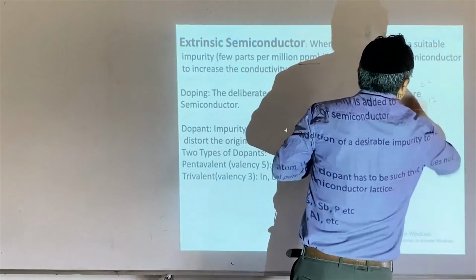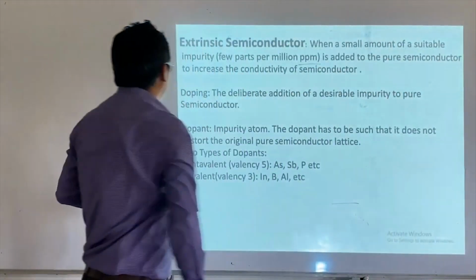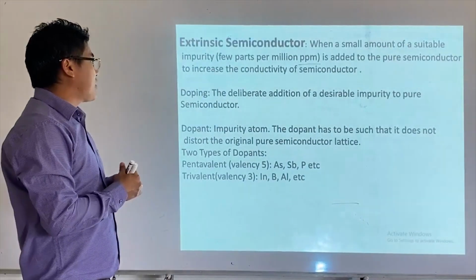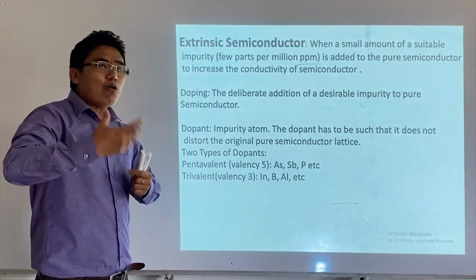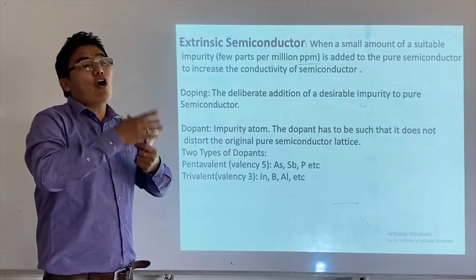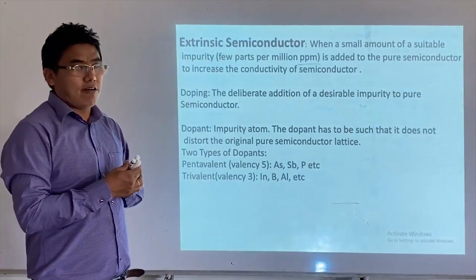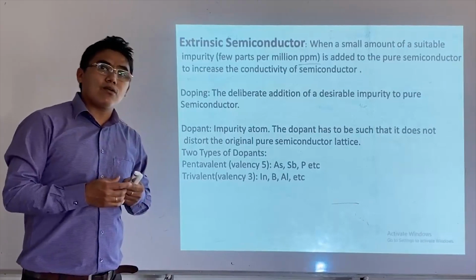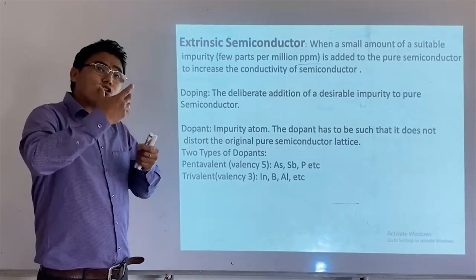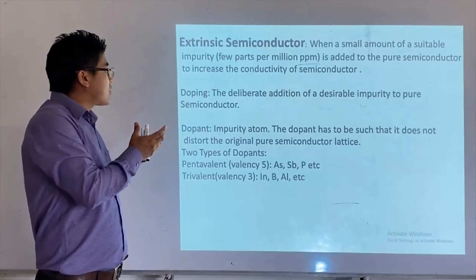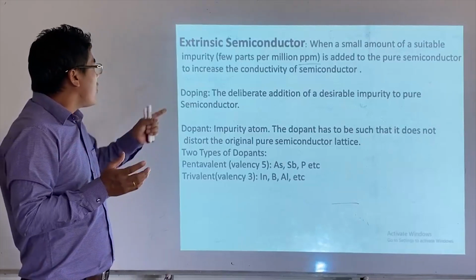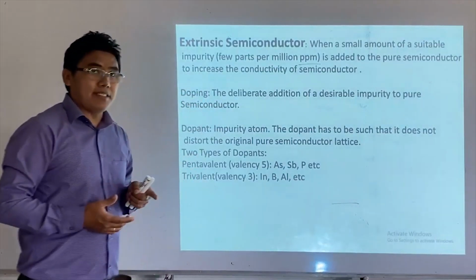So this is what we have, and now what do we mean by doping? Doping is how to add impurities to silicon. The doped semiconductor is used so much, so we are going to do it deliberately.